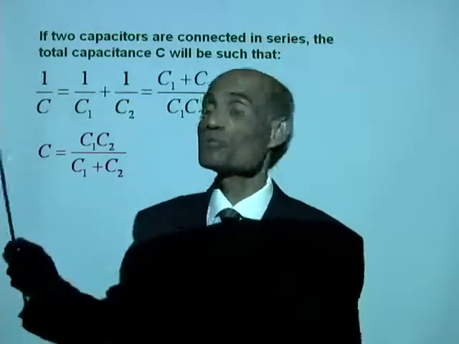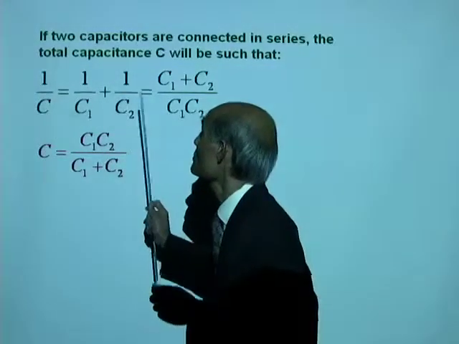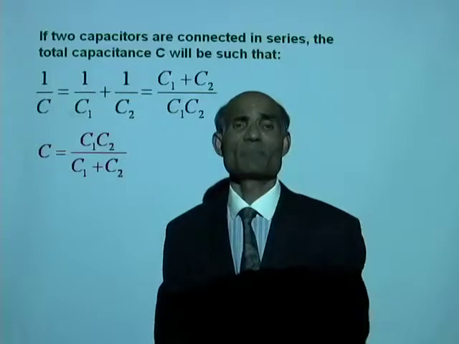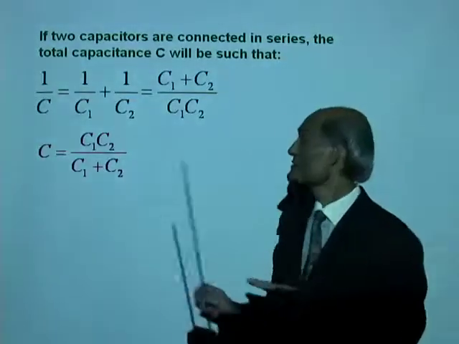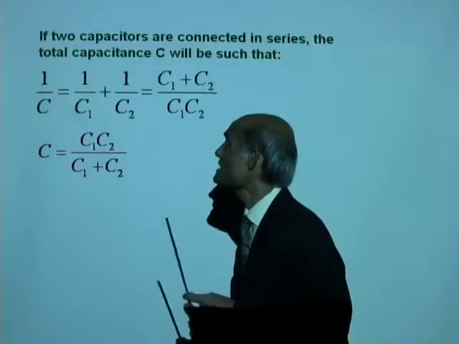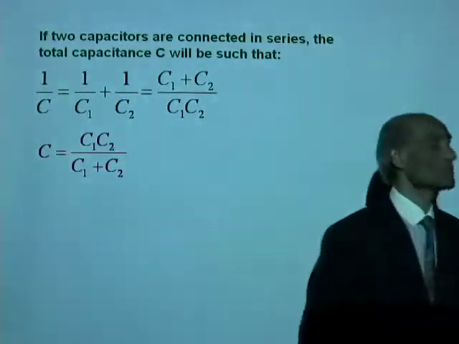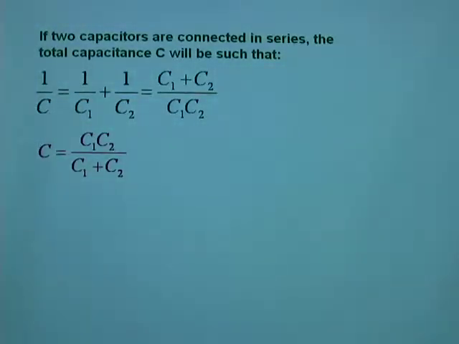Suppose I use C1 equal to 5 and C2 equal to 10. Alright? If C1 equal to 5 and C2 equal to 10, what will then C equal to? Let us say C1 is 5 microfarad and C2 is 10 microfarad.